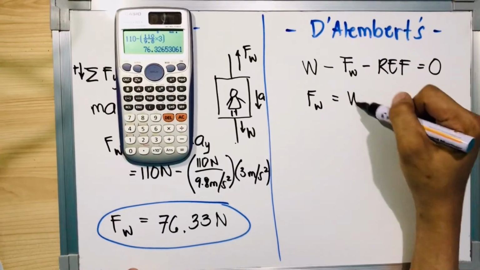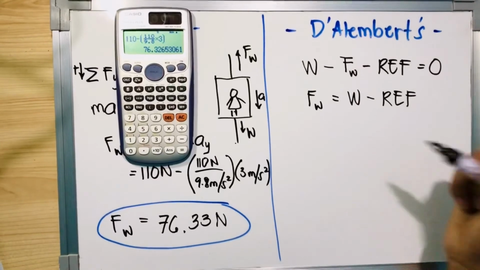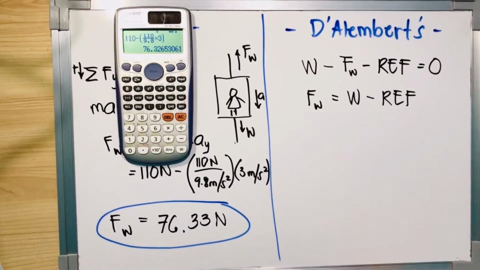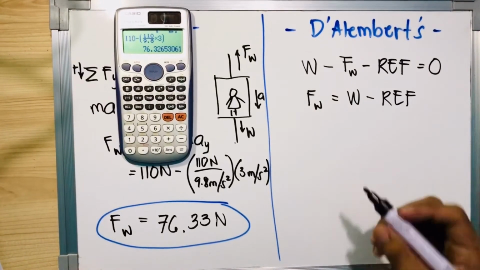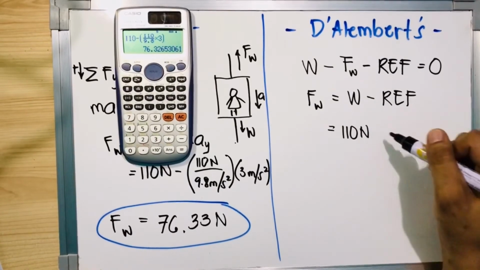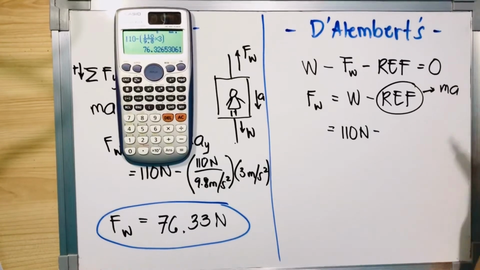We have weight minus REF. Diba? Kasi si REF, reverse effective force, lagi siyang pasalungat. So, salungat siya sa downward na movement. So, we have 110 newtons. And REF, let's just convert this to MA. Okay?